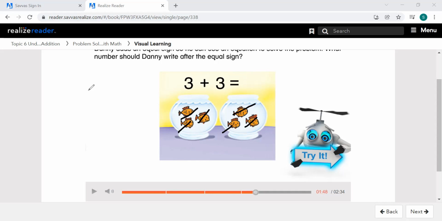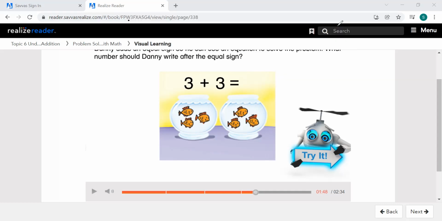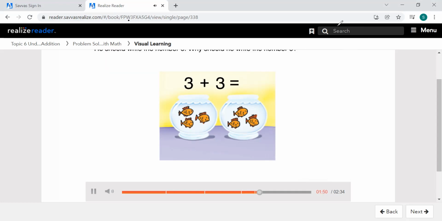So 3 plus 3 equals 6. He should write the number 6. Why should he write the number 6? 3 and 3 is 6. There are 6 fish in all.